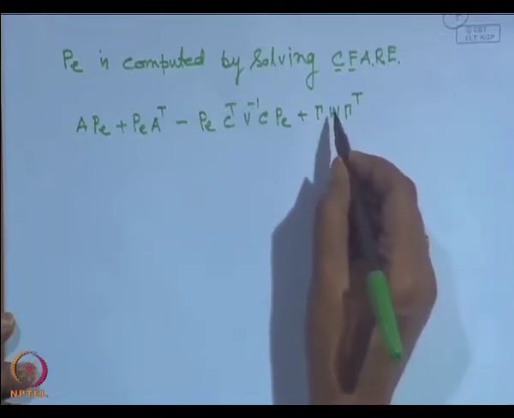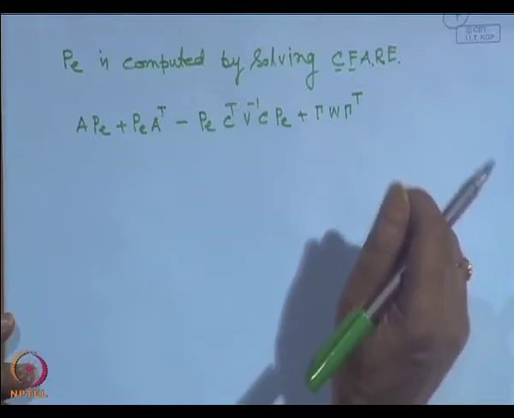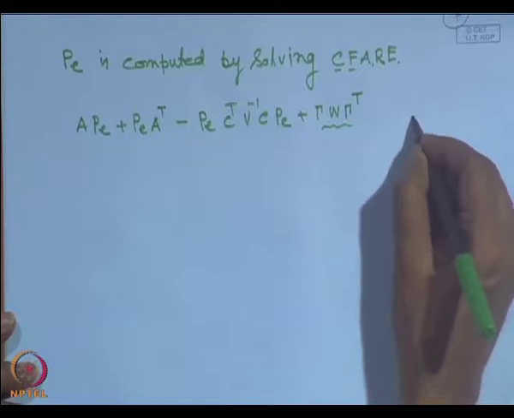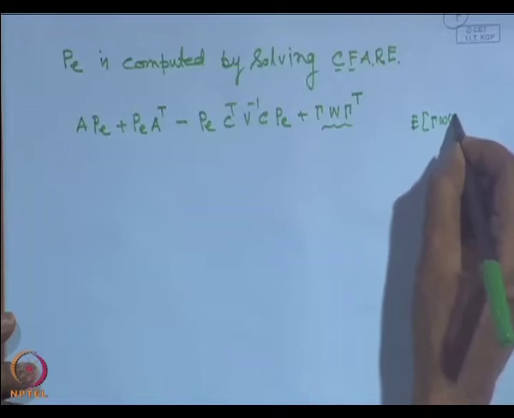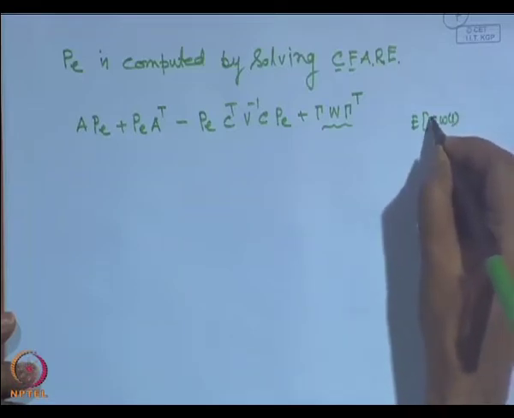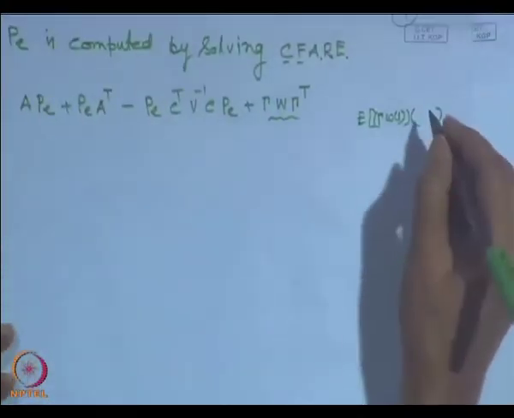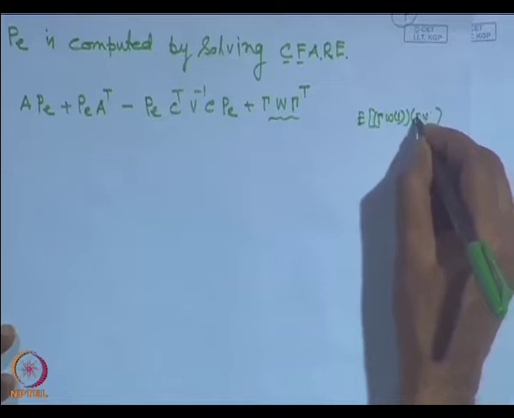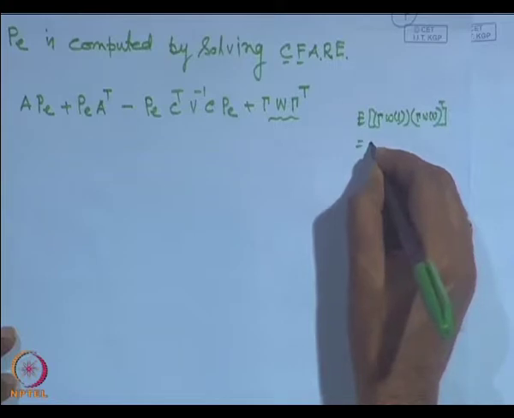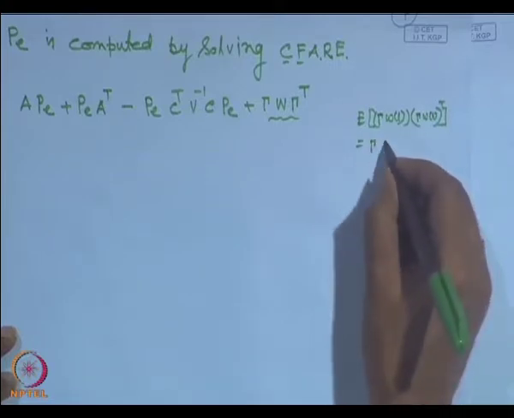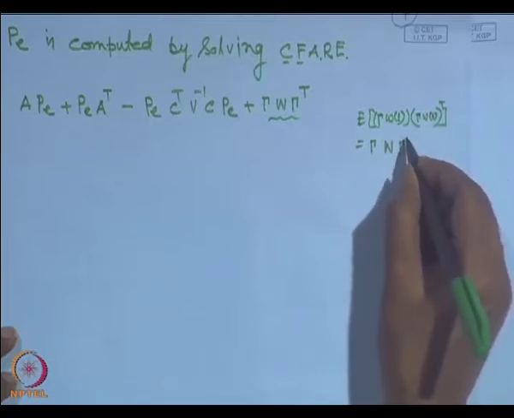What is this term? It is the expected value of gamma W of t times the transpose of gamma W of t, and that gives gamma, W the noise covariance, into gamma transpose.